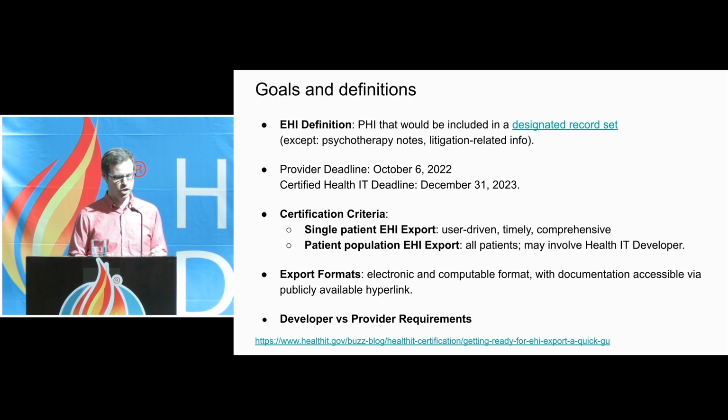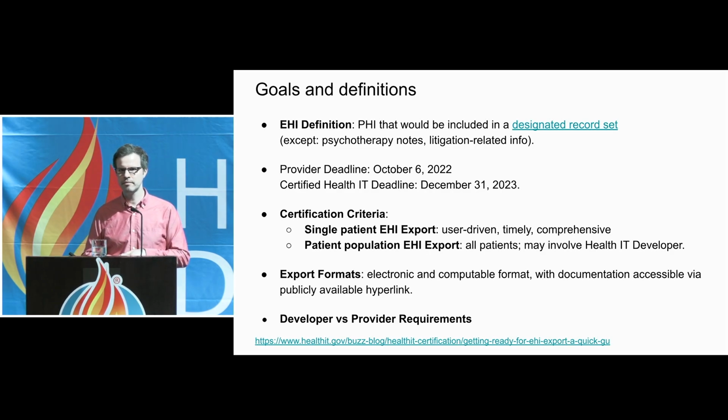It's supposed to be complete and essentially has everything in that HIPAA designated record set that is electronically maintained. That requirement for providers came into effect October 6, 2022. So the final rule from that Cures Act in 2020 gave providers basically 2 years to get ready for this to happen, and October 2022 was when that requirement came into play. Doesn't say anything about the technology that's going to be used to make it happen.